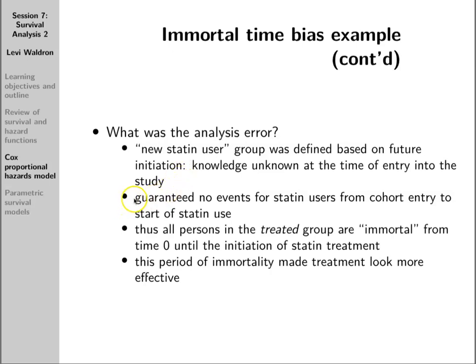So in practice, in this case, what that meant was that there were guaranteed to be no events for statin users from cohort entry to the initiation of statin use, and thus all persons in that treated group were immortal from time 0 until they started statin treatment. They could not progress to diabetes, and so that period of immortality made the treatment look more effective, and that is an example of immortal time bias.